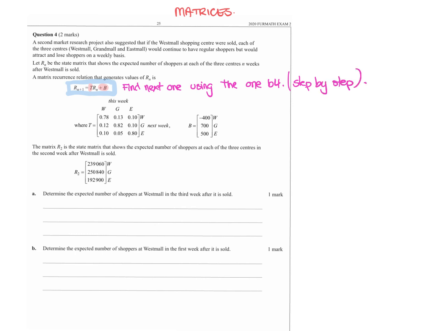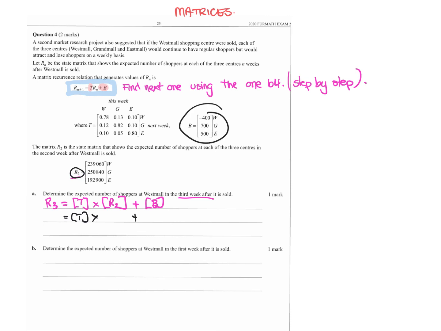So when they say determine the number in the second week, and when they want the third week, R3, using the formula, it'd be T times the one before, which will be R2, and then plus the B. So you've just got to pop all of them into your calculator. So the transition matrix times this R2 here, and then you've got to add this matrix.